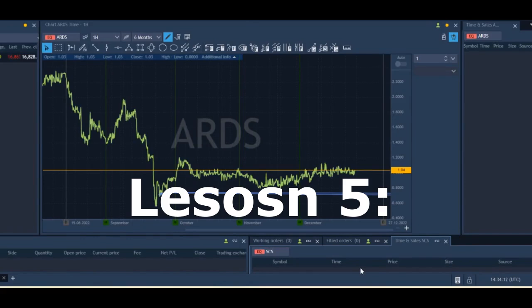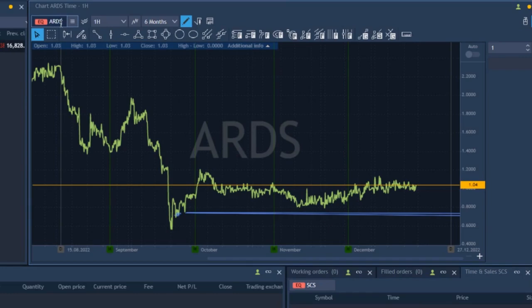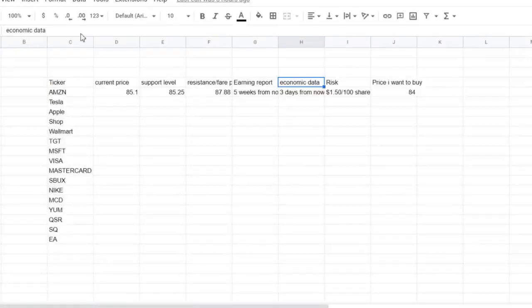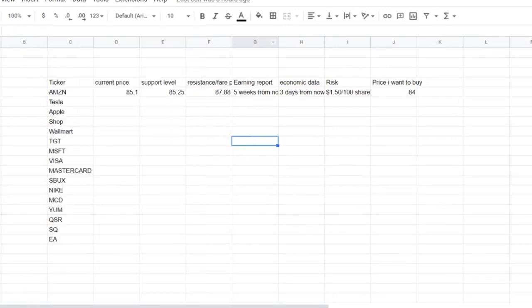So let's talk about how we know if a stock is below support, yet it's not actually going to be downtrending further. Some stocks will go below support just to bounce back. And that's something you'll see in a stock called Tesla. Now, remember we had a watch list here of all these stocks, Tesla, and I just ended up searching it to see what's happening.